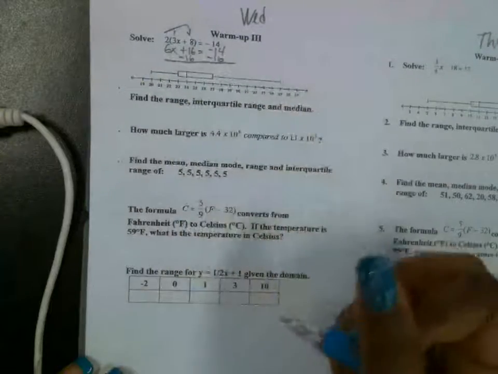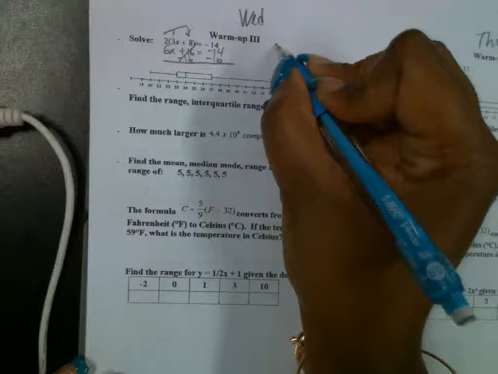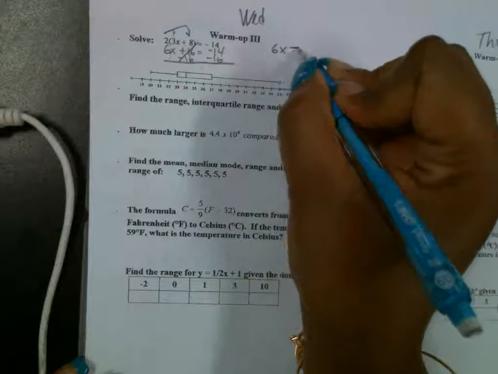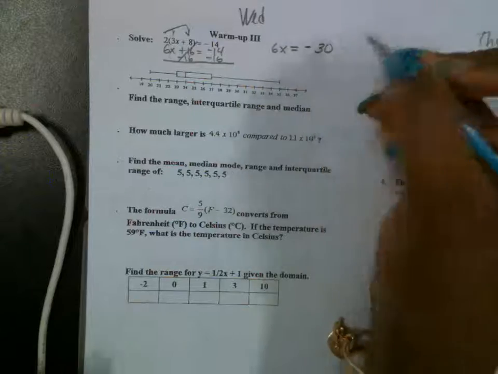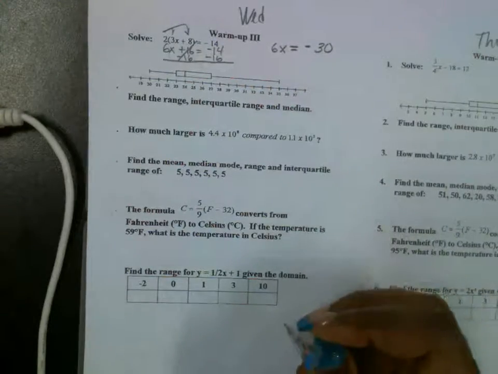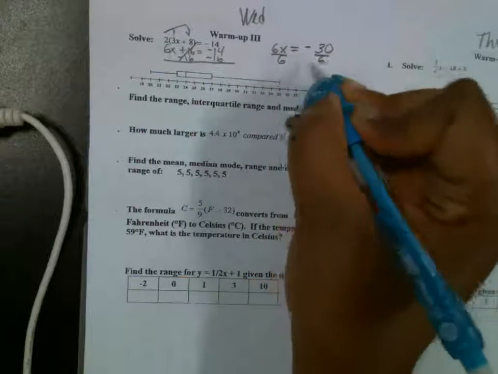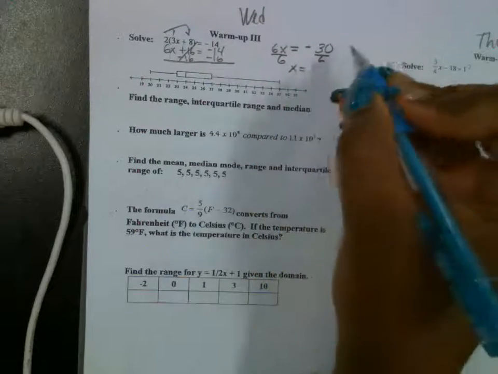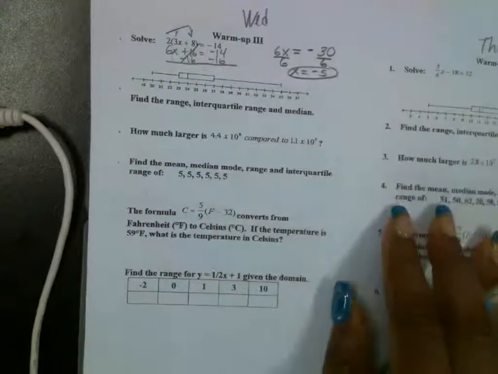Excellent. When you subtract 16 from both sides, this is gone, and we're left with 6x is equal to a negative what? 30. Okay. So now what do we do to get x by itself? Divide by 6 on both sides. So that gives me x is equal to what number? Negative 5.